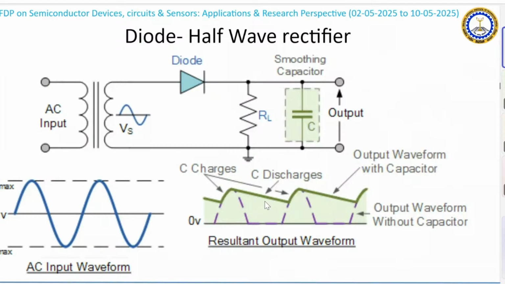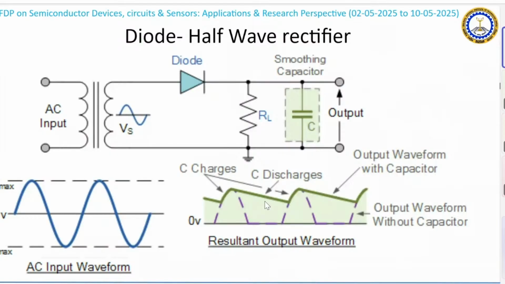We have to charge them with some DC source. So I have to convert the AC available at my household to DC. How is this DC obtained? The half-wave rectifier is the first step for that.